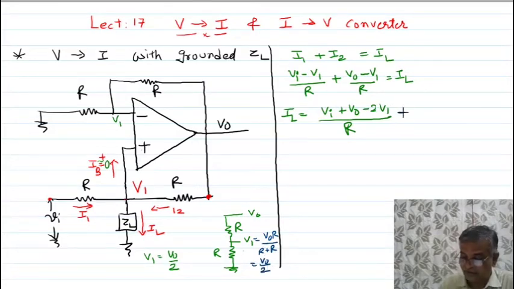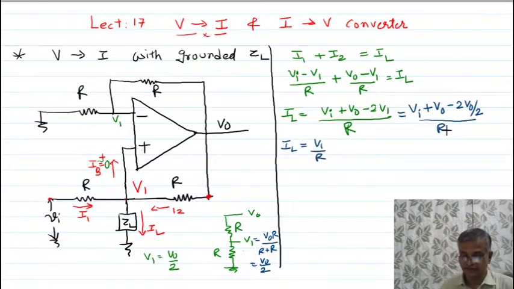Putting this value here, VI plus VO minus 2 times VO by 2, IL is nothing but VI upon R. It means the current passing through the load is proportional to the voltage VI.